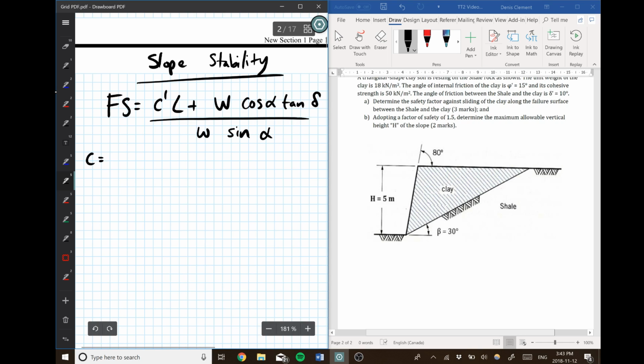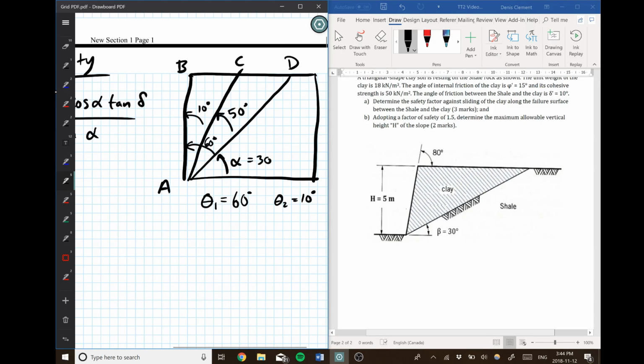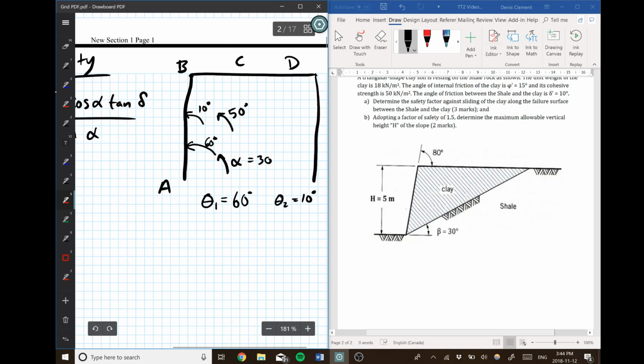at 50 kPa. Our length is the length of the slope failure face, and in this case would be from here to here. Oh no, where's my backspace?